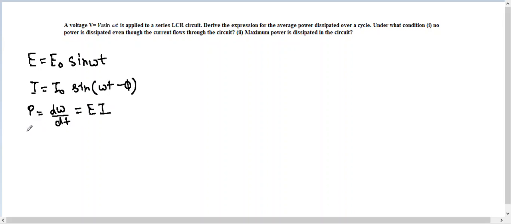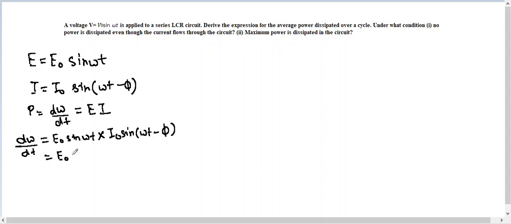So we can write dw by dt as E naught sine omega t into I naught sine of omega t minus phi, which can be written as E naught sine of omega t into I naught.